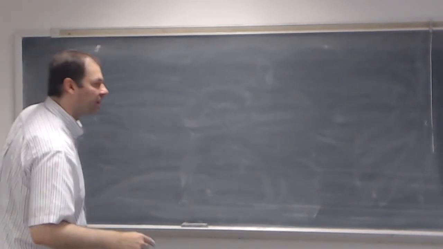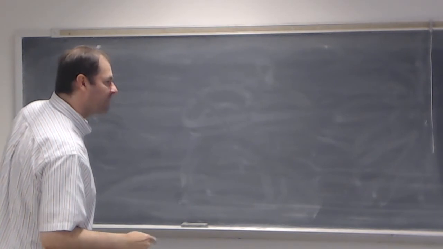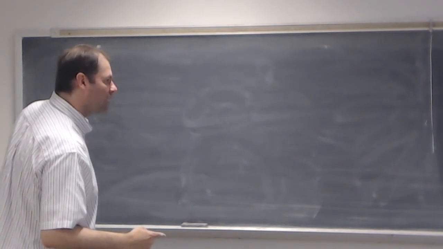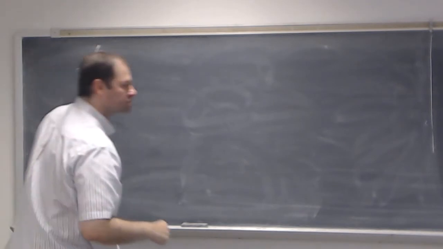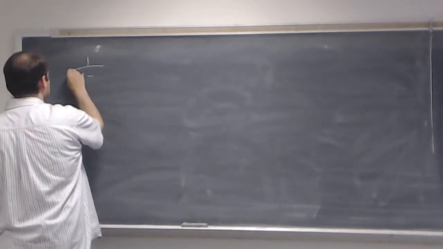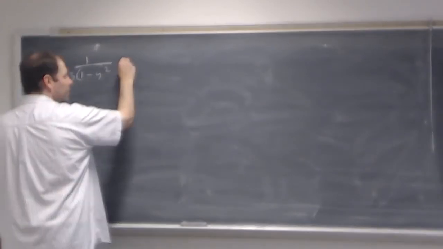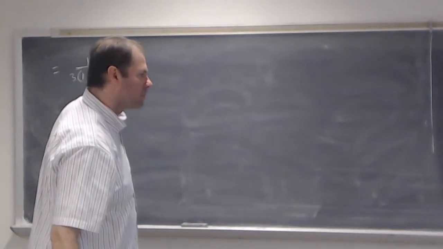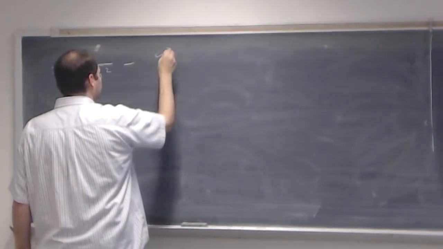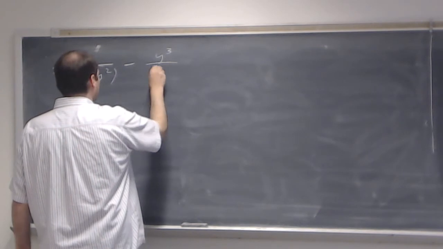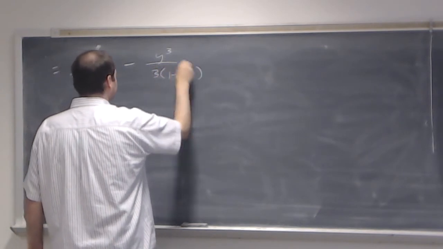And so here, when I stick in the 1/2 cubed, which is 1/8, we get 1 over 1 minus... or there's 3 out front, y squared, then minus, when I stick in the y over 2, I get y cubed over 3 times 1 minus y squared.